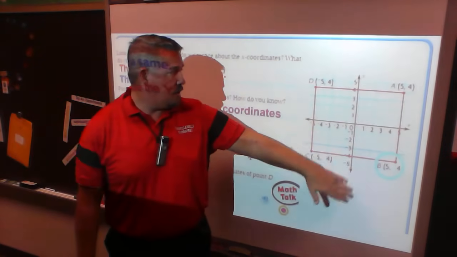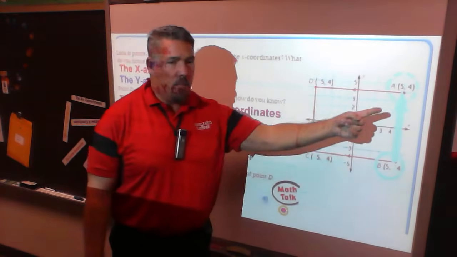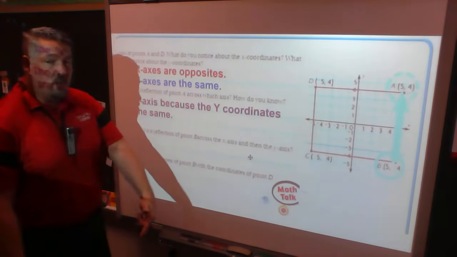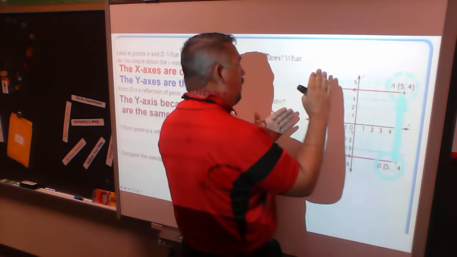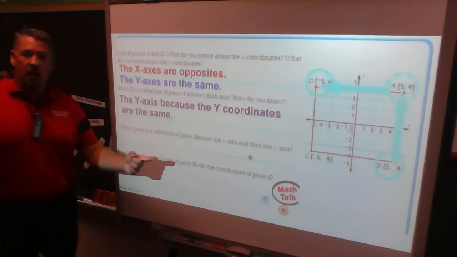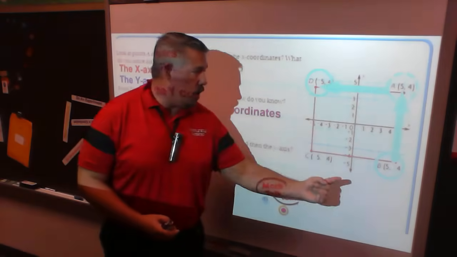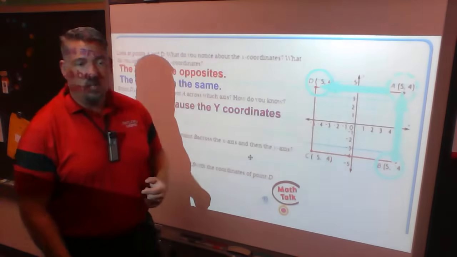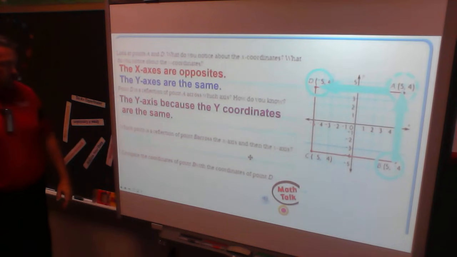So x-axis, that takes me back to A, right? But then it says also across the y-axis, so now I have to go from here and I have to fold it in half over to here. So I'm going over to my D. So it's what is called a double reflection. I'm going across the x, then I'm going across the y. Therefore I know it has to be point D.